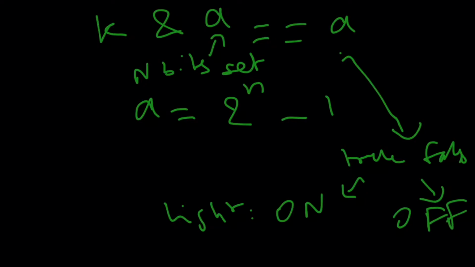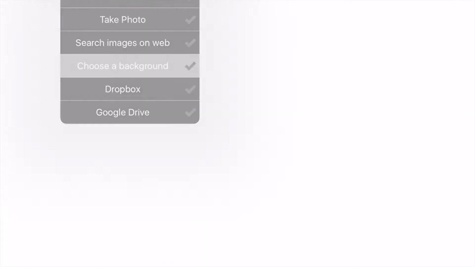And we can try this on a bunch of examples. So if you look at this, k AND a equal to a. Let's try this on the examples that are given in the problem. We already tried it on 47 and 4.